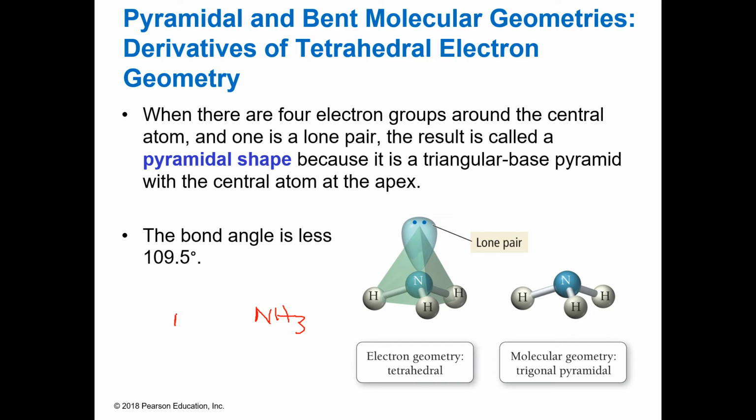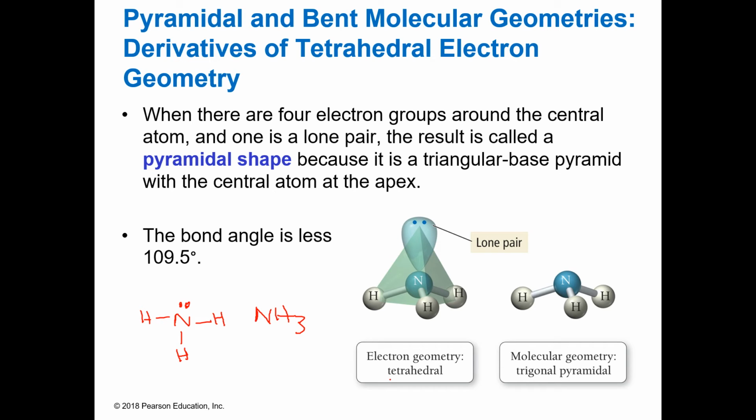But when I draw it, it's got 3 bonds of nitrogen, hydrogen, but then it's got this lone pair. Okay, if you were to count out the valence electrons and draw it, you get that. All right, so it has 4 electron groups. 1, 2, 3, 4.